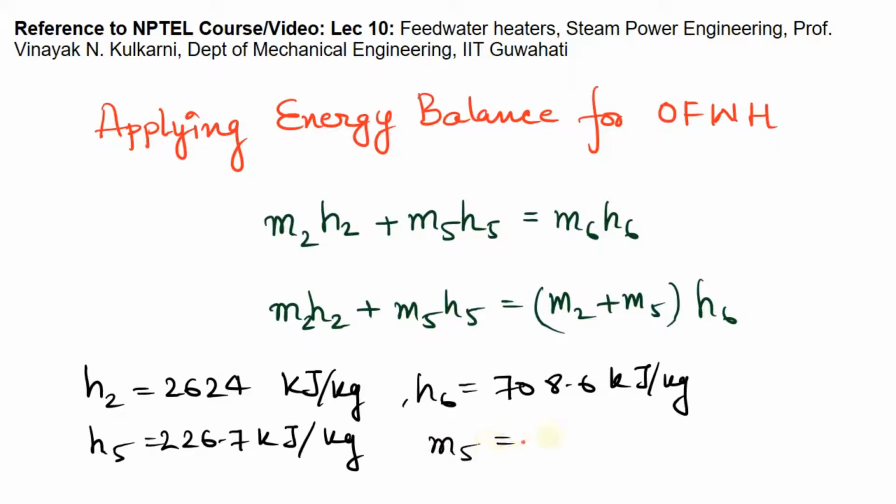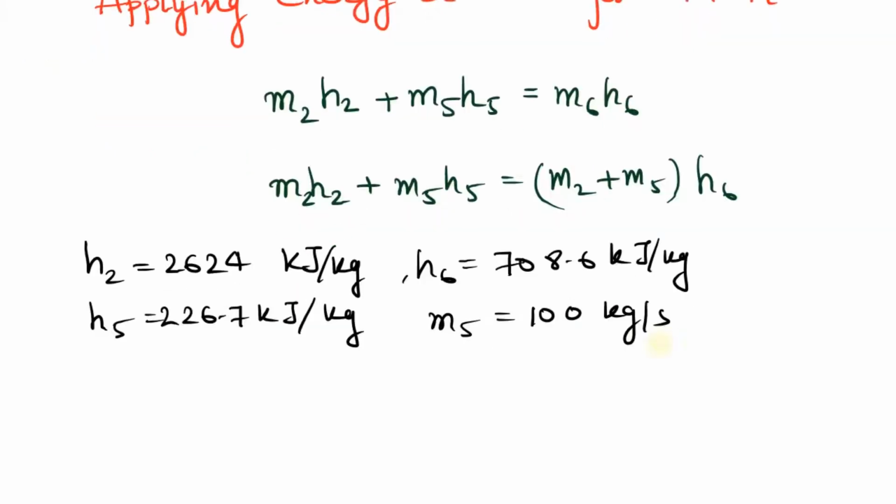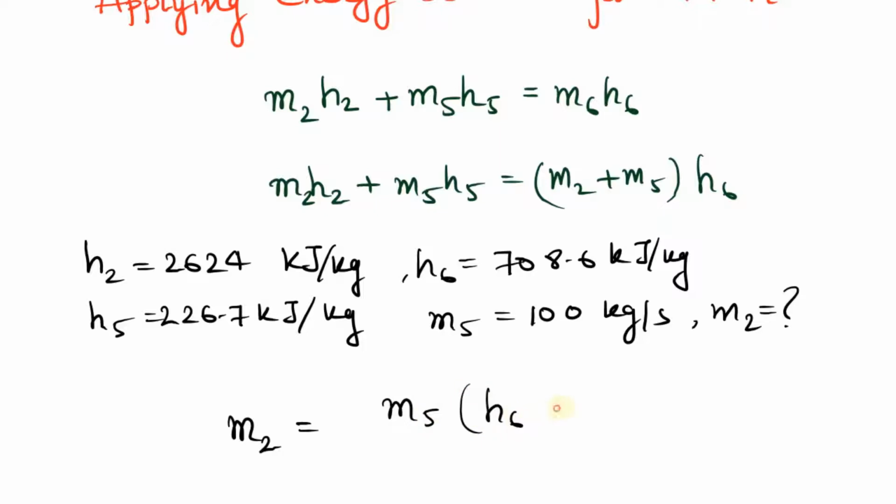M5 in the problem is 100 kg per second, and M2 we need to calculate. So if we substitute the values, we can write M2 is equal to M5 multiplied by H6 minus H5, I've taken this term to the right hand side, divided by H2 minus H6, right?